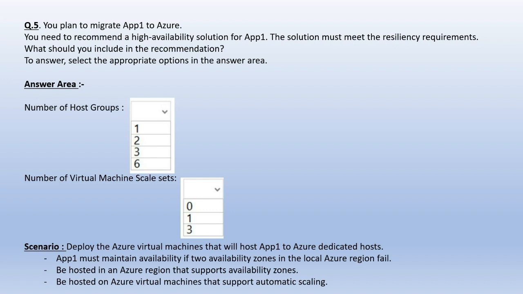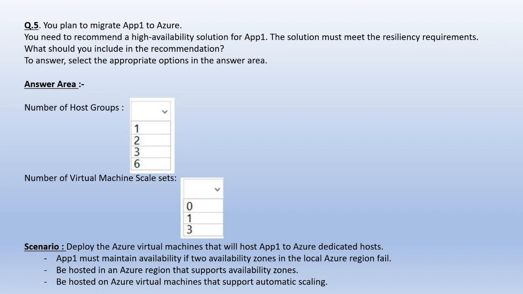So what was the scenario? The scenario says deploy the Azure virtual machines that will host F1 to Azure Dedicated Host. F1 must maintain availability if two availability zones in the local region fail. So this will tell us how many host groups will be required.